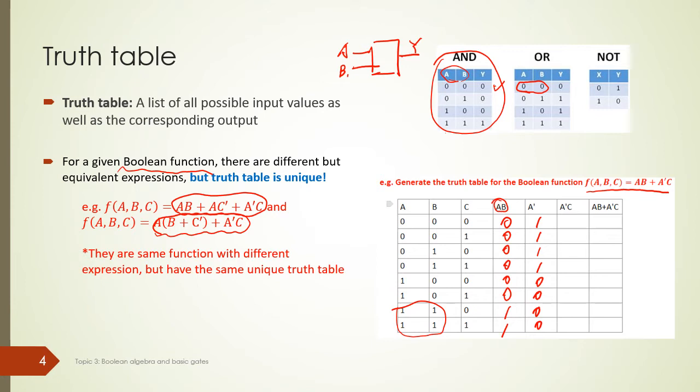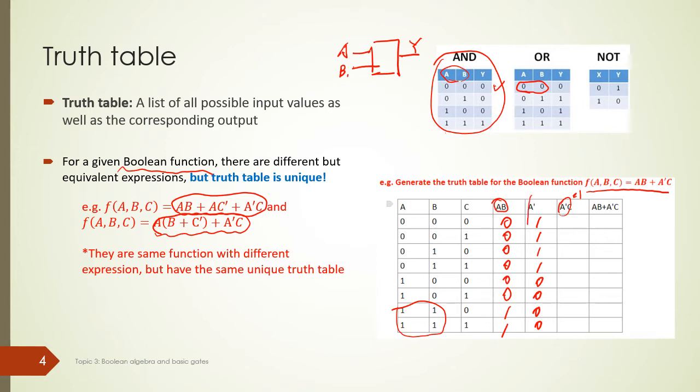Similarly, let's try with the a prime c. So a prime, the value for a prime is listed here. Again, this is the AND function. If we want this output to equal 1, the a prime has to be 1 and the c has to be 1 at the same time, right?